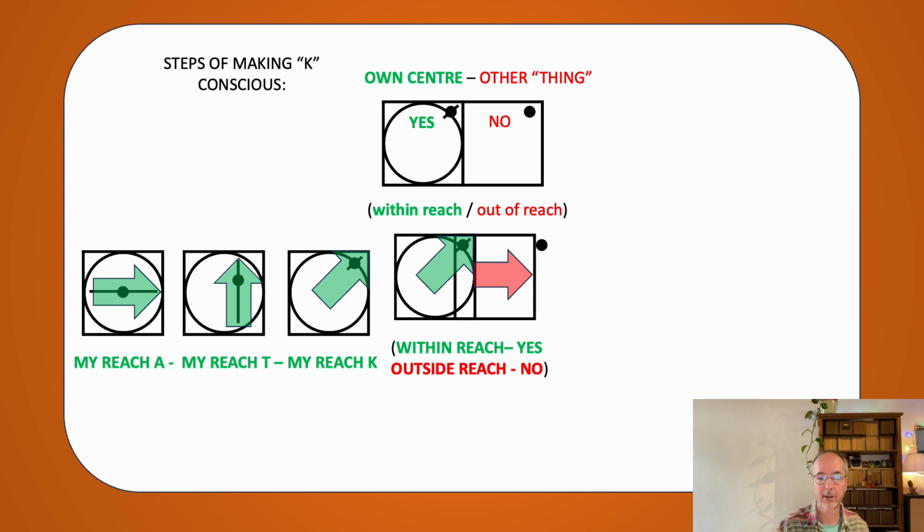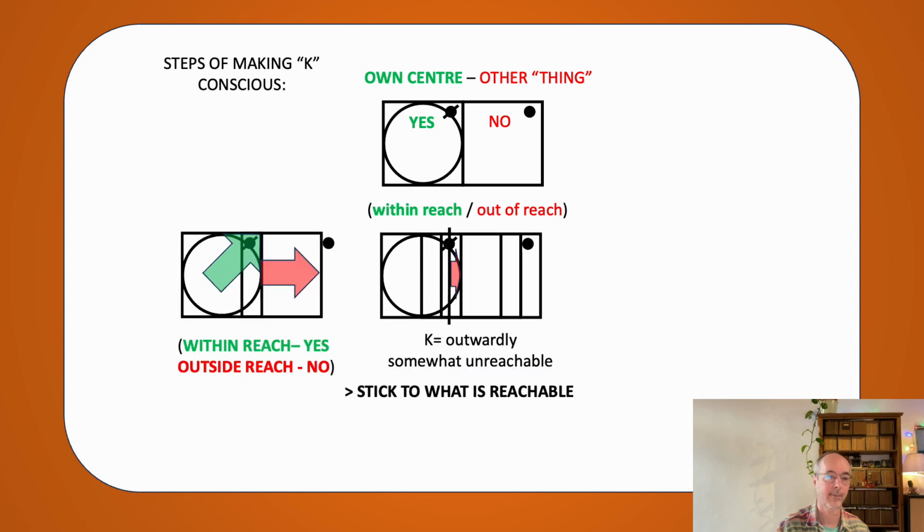These are the three parts and the three levels of the one-dimensional focus of one point, and this is the whole reference frame within the space and time frame of logic that is followed there. So we already have the own center and the other things, the yes and the no, within reach and outside of reach. I will continue from there.